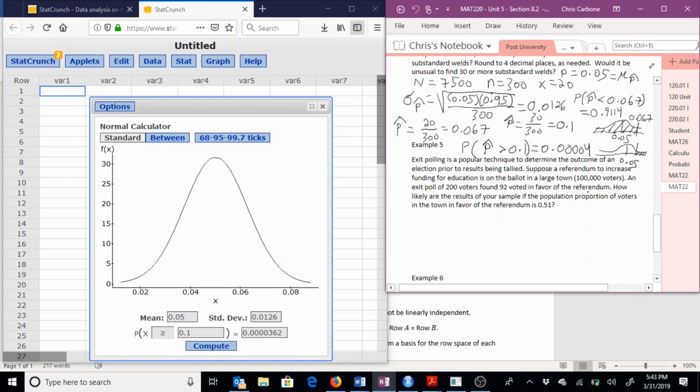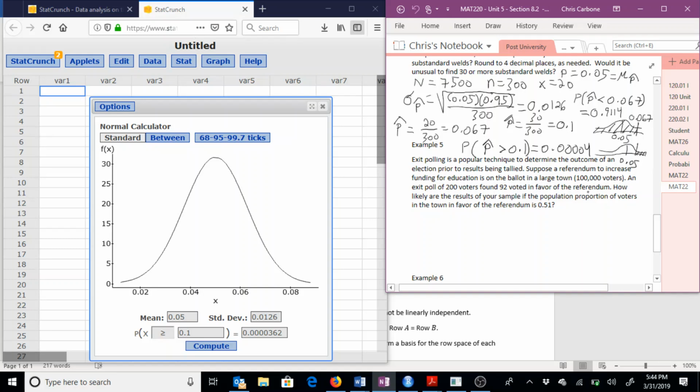And then for the next example, exit polling is a popular technique to determine the outcome of an election prior to results being tallied. We want to suppose a referendum to increase funding for education is on the ballot in a large town of 100,000 voters. An exit poll of 200 voters found that 92 voted in favor of the referendum.